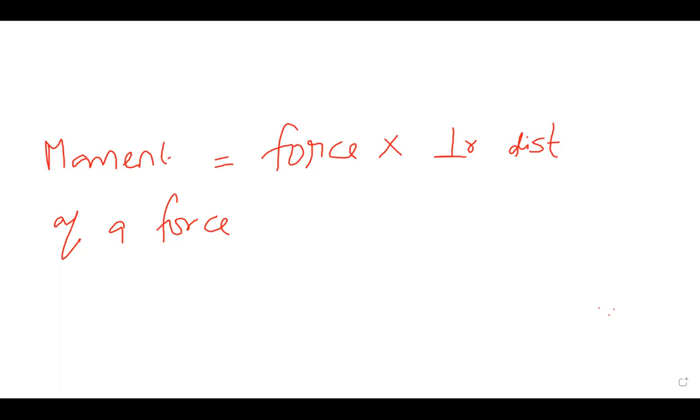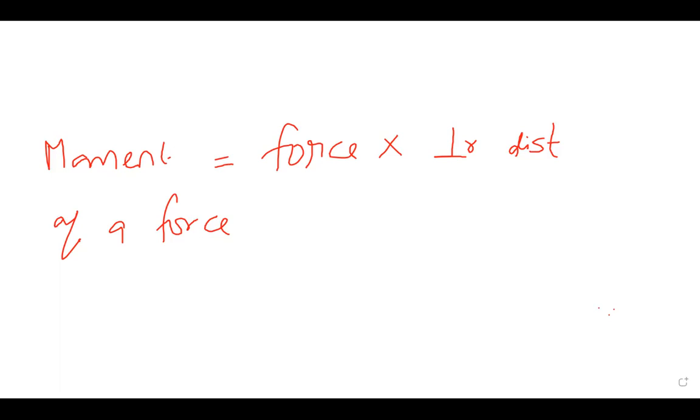What does it mean? The further away you are from the hinge, the easier it is to push or pull. Suppose you are opening a door, so the turning effect will be maximum when you use the handle, and the handle is at the other edge, just opposite to the hinge.